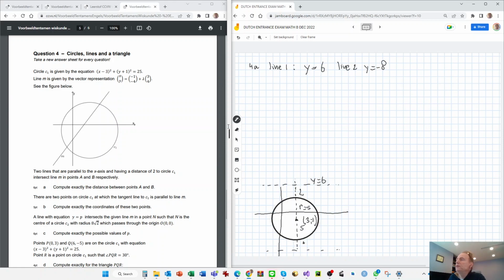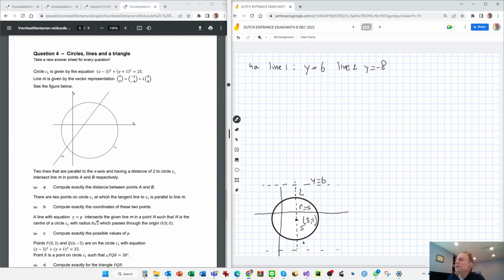Now we need to intersect this line with this line M. So what we can do is write lines 1 and 2 also in a vector representation. Since it's a horizontal line, the richtingsvector will be 1, 0.